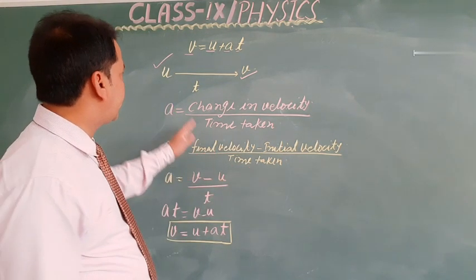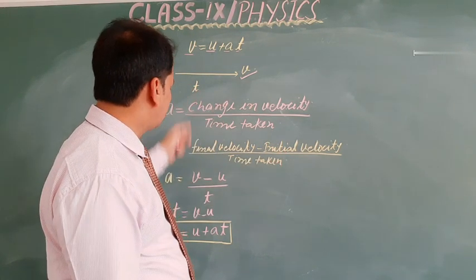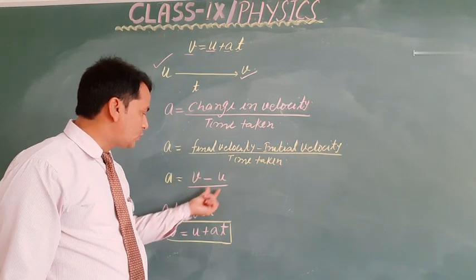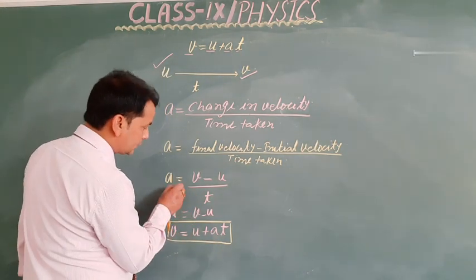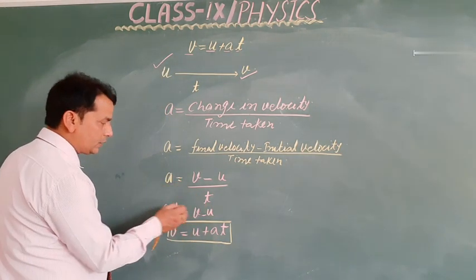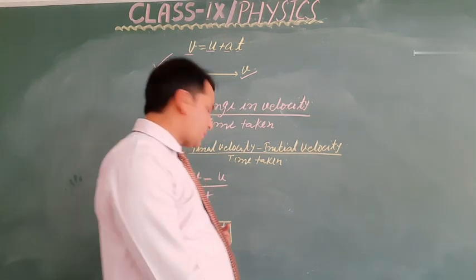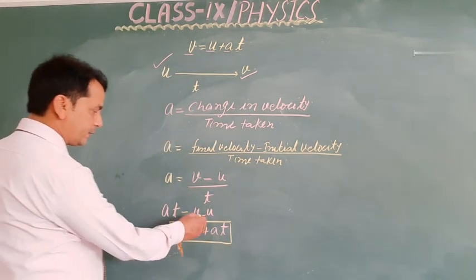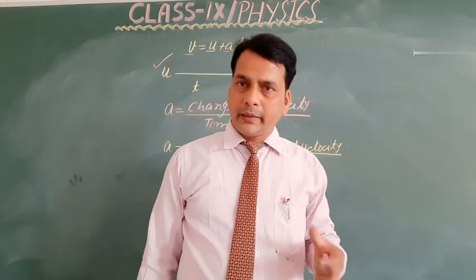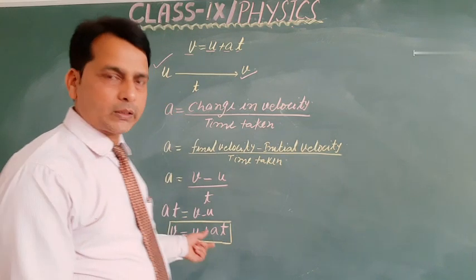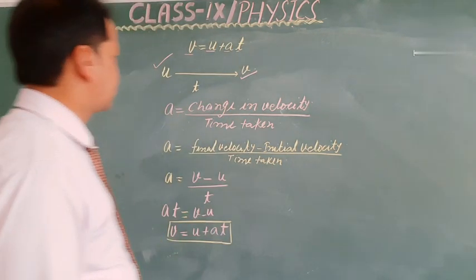The final velocity is v and the initial velocity is u, so v minus u by t. Then cross multiplying by t, at equals v minus u. Transposing u, v equals u plus at. That is the derivation of the first equation of motion, v equal to u plus at.